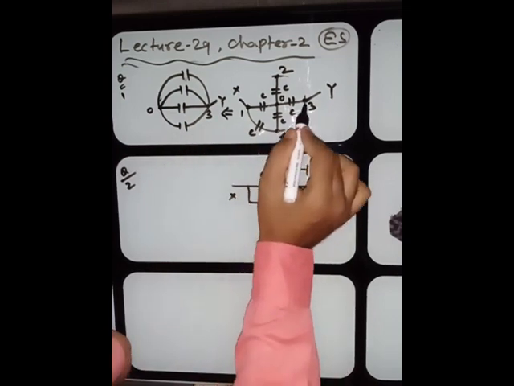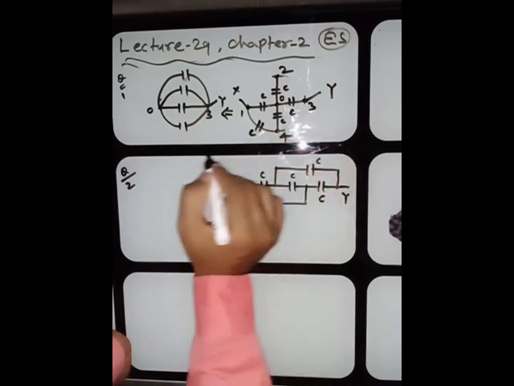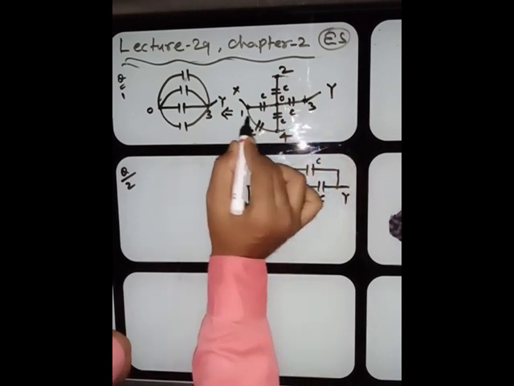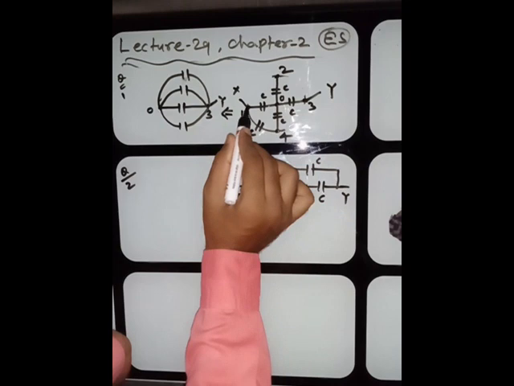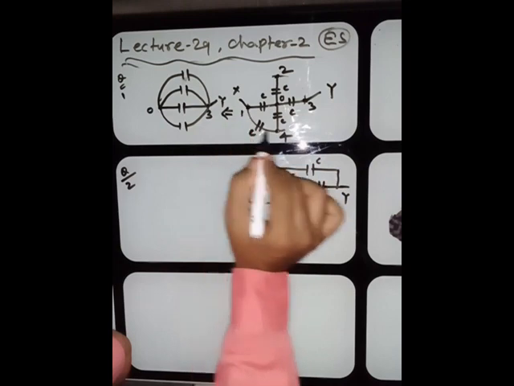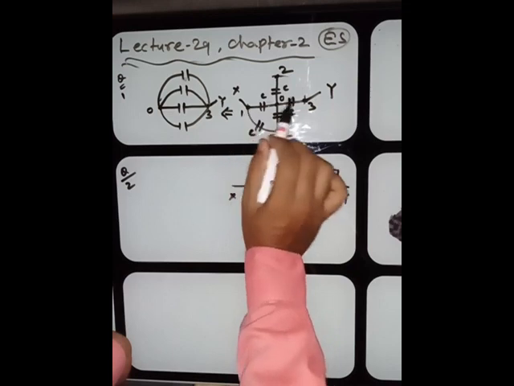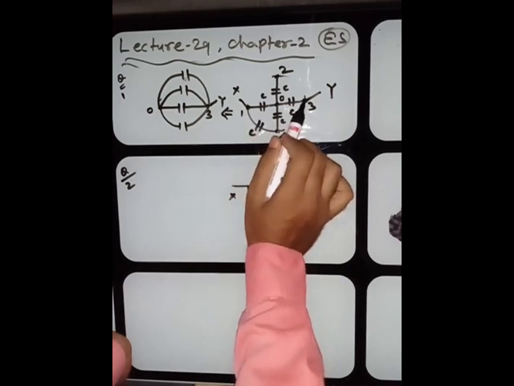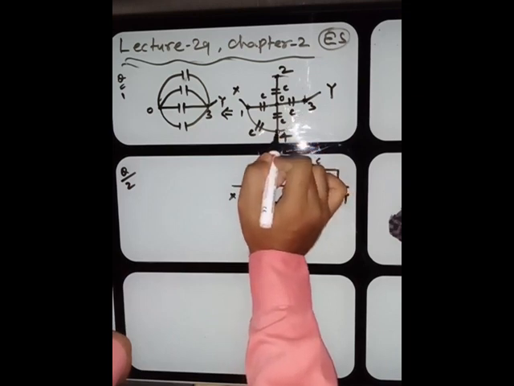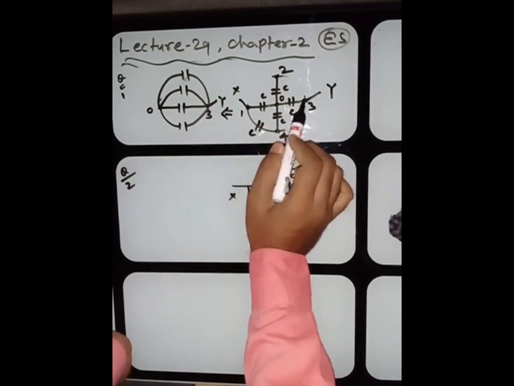While this 4 is going to the point between 1 and 4, remember 1 was at this point, which has gone to point 3, and 4, which was here, has also gone to 3.